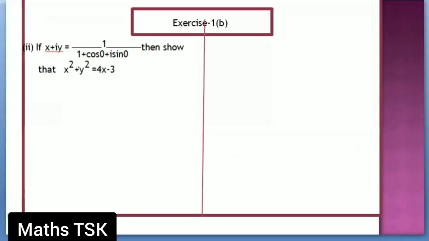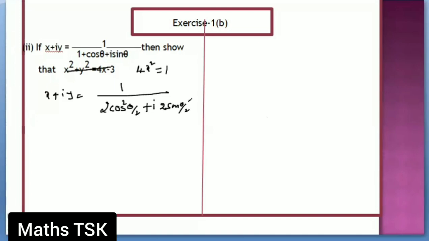x plus iy is equal to 1 by (1 plus cos theta plus i sin theta). Then show that 4x square is equal to 1. We have to prove that 4x square is equal to 1. That's the problem. Here we can do this in a different manner. x plus iy can be written as 1 by (1 plus cos theta, formula 2 cos square theta by 2, and i into sin theta, formula 2 sin theta by 2 cos theta by 2).